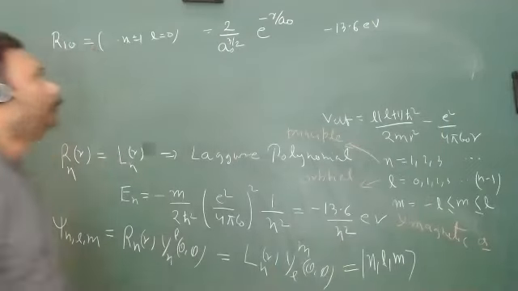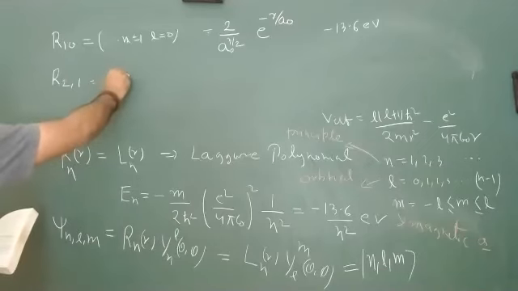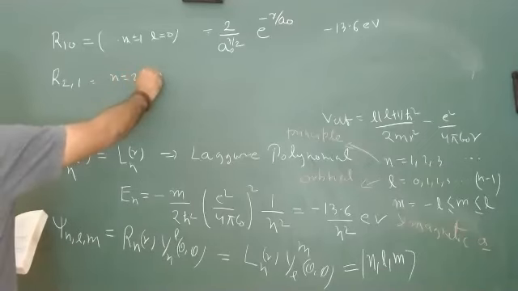Okay. Now, for L is equal to 2, how many radial parts are there? Can you guess? R21 will be one radial part and R20 is the other radial part. So R21, that is n is equal to 2 and L is equal to 1.